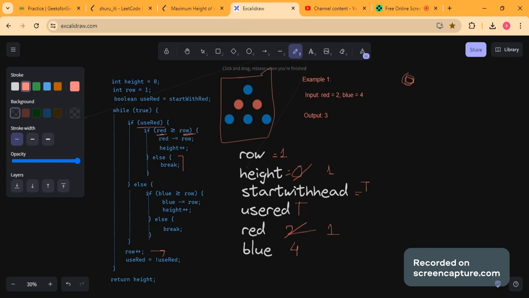So the number of rows will be increased to 2 because now we are working on the second row. And we know that in the adjacent row there should be a different color. So while I was using the red ball, now I would make it false. So use red will be not of use red.